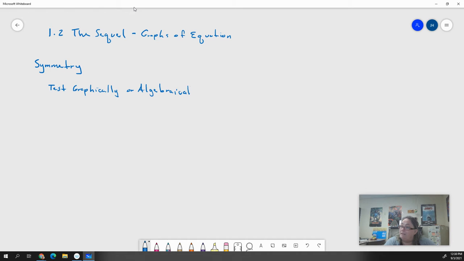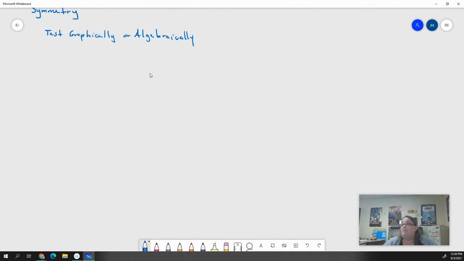That is a lot for a word. We are going to focus mainly on algebraically, but I will show you the rules and kind of how it works graphically as well. And we'll start with graphically because that's the least useful one for us.